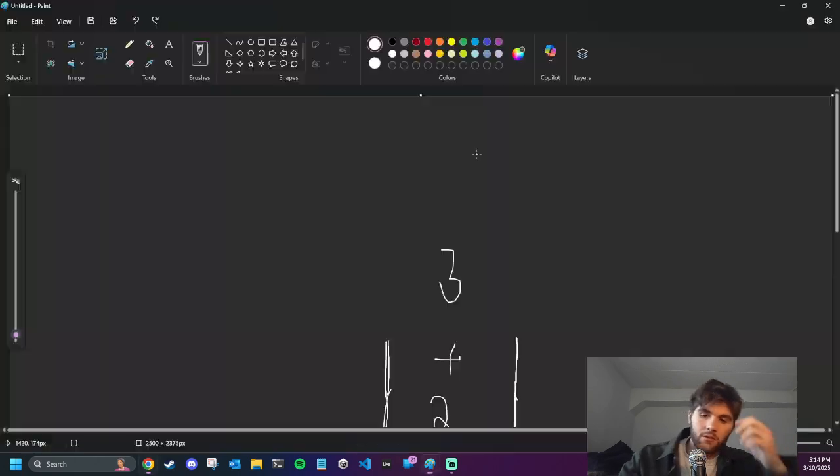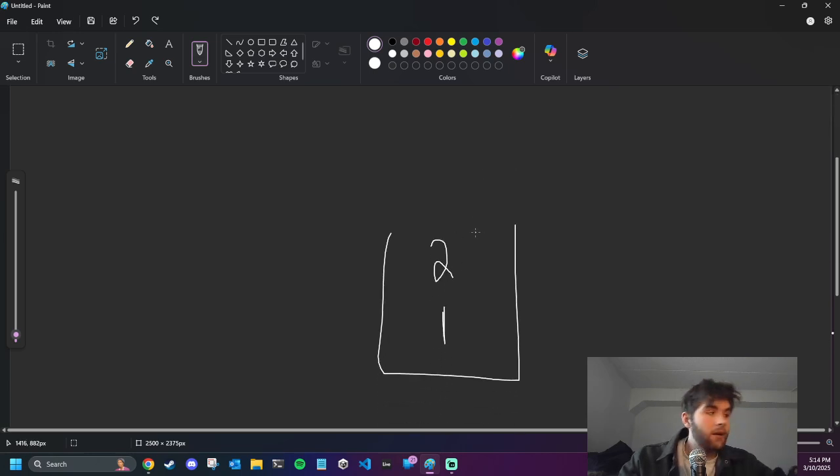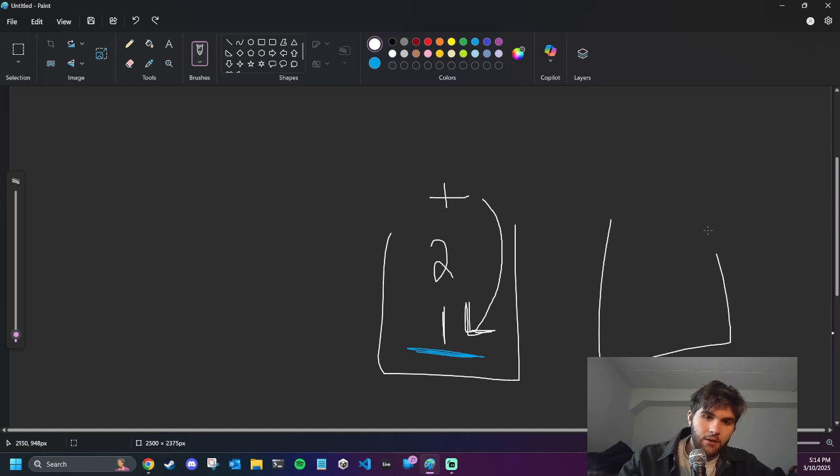Okay, so 1, 2 is fine. We're just adding numbers. When we add a plus, we should probably keep popping until we reach the end of the stack. And then what, do we put 3 in a different stack maybe?